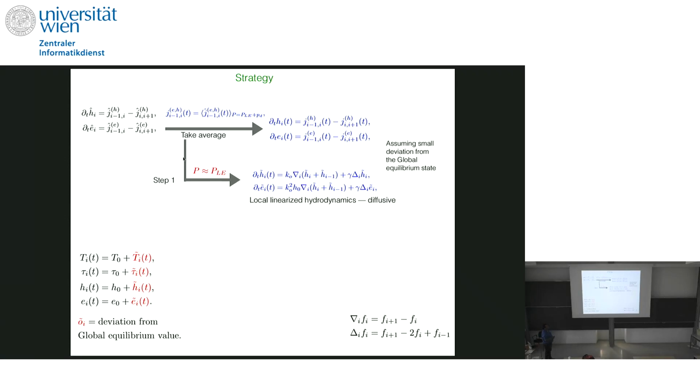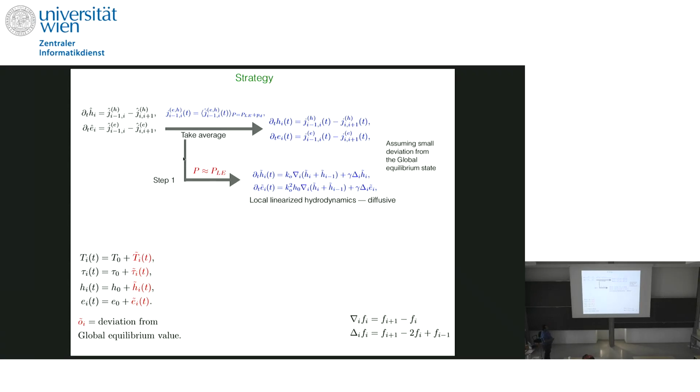First, I'll approximate P by local equilibrium. In this step, you'll see that I will get a local hydrodynamics. Of course, I forgot to mention that here I will consider only the linear order terms. I'll neglect all non-linear terms. So I want to get a linearized hydrodynamics at the macroscopic scale.